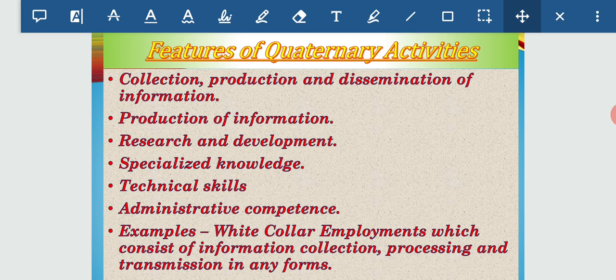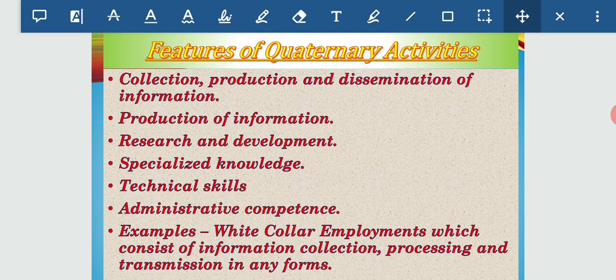That is administrative competence. So who is included in the category of quaternary activities? All the white collar workers, all the professional workers, whether doctor, lawyer, teacher, professor, whoever deals with knowledge, which consists of information collection, processing and transmission. They transmit in any form.